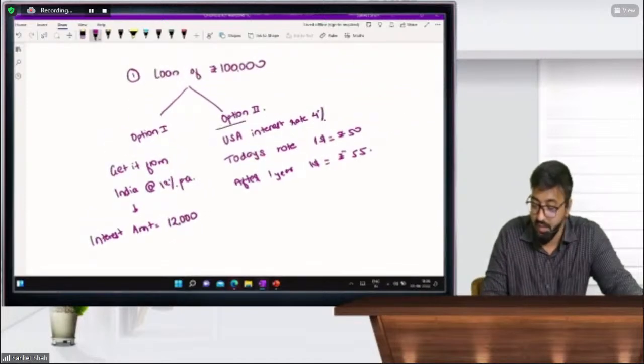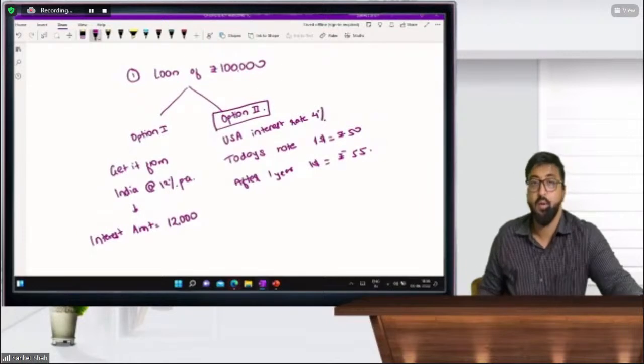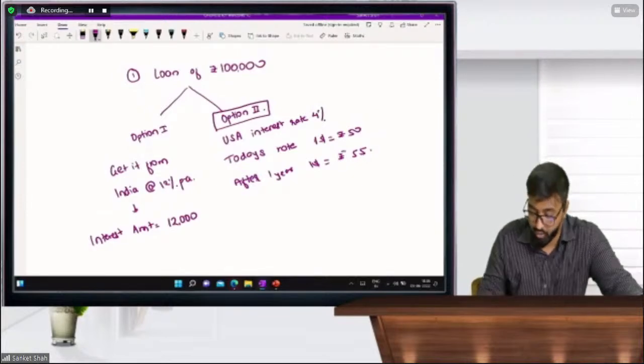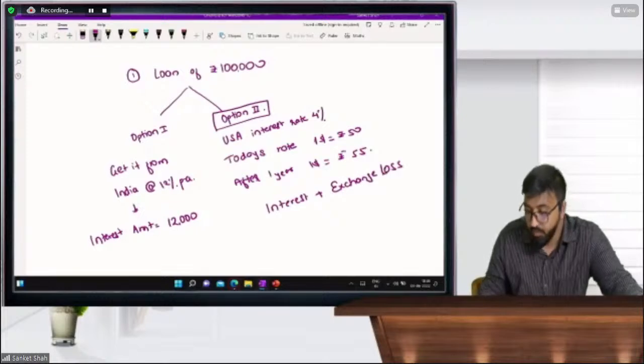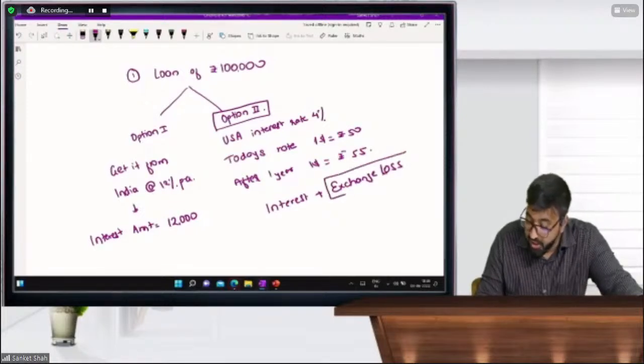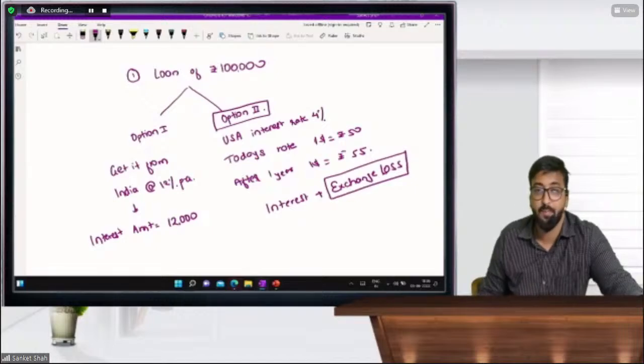But I'm asking you option number 2. Can you tell me how much is interest plus exchange difference? Here, not only interest is important, but there will be exchange loss. So this exchange loss plus interest, I'm giving you exactly 2 minutes.